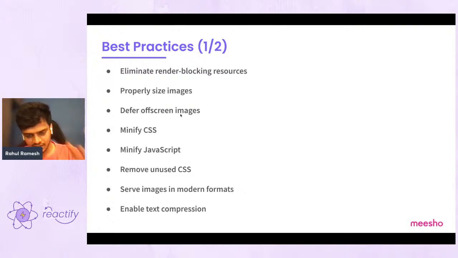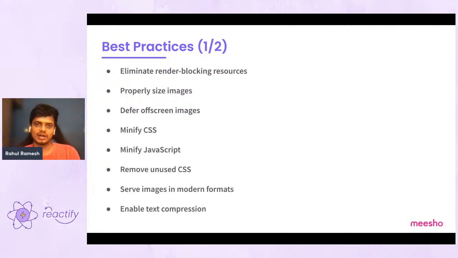Before that, let me tell you what is off-screen, on-screen, what is ATF, what is BTF. On-screen or ATF, above the fold content, is the content that gets rendered for the first time when you visit a page. In your viewport, whatever content renders is the ATF content.